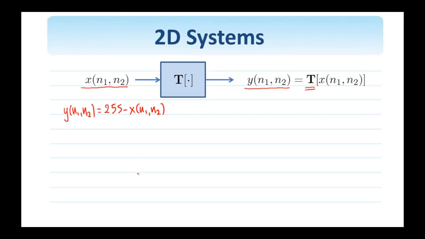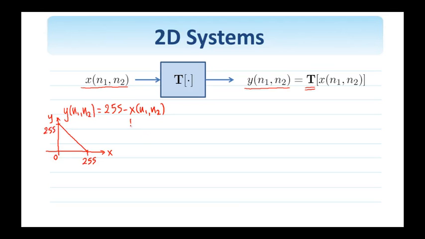Assuming these images are 8 bits per pixel, therefore they range from 0 to 255, what such a system does is changing the polarity of the input, turning black values into white and white values into black. So a negative into a positive or a positive into a negative.